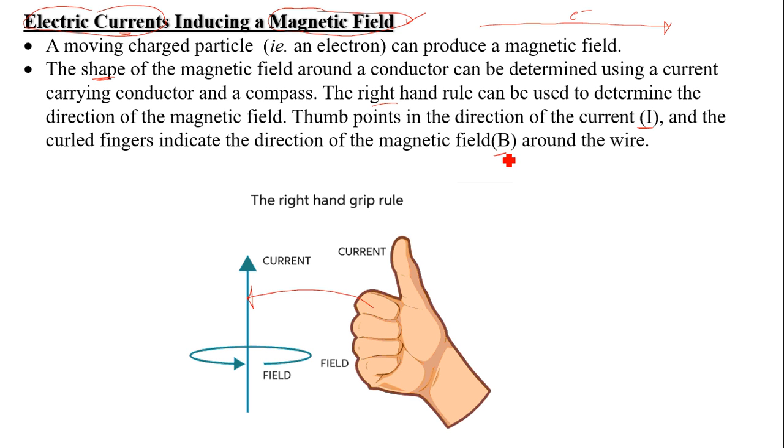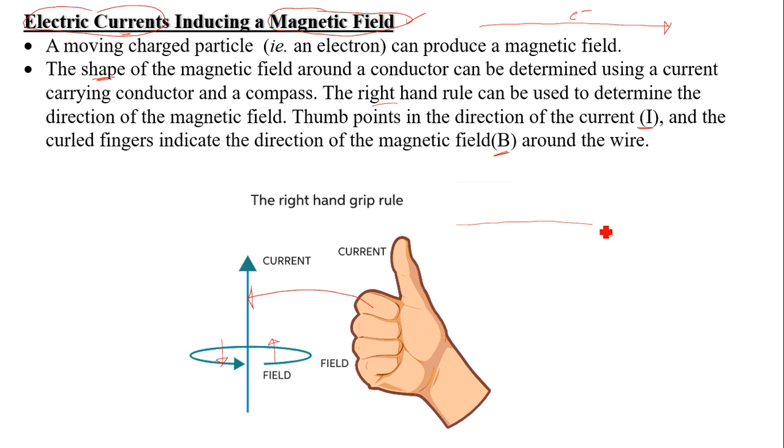The symbol for magnetic field is capital B. You don't need to do any calculations for the magnetic field, but you should be able to determine its direction. Your fingers wrapping around means that on one side of the wire they go in one direction, and on the other side, the opposite direction. In other words, the magnetic field wraps around the wire.